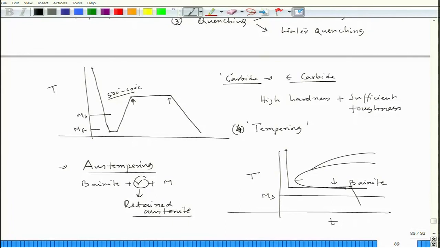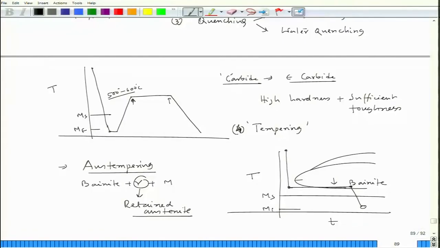Up to this point everything is 100% austenite. Once I get to this level, austenite will convert into bainite. Then once we quench it here, I am taking the remaining austenite below the MS temperature.